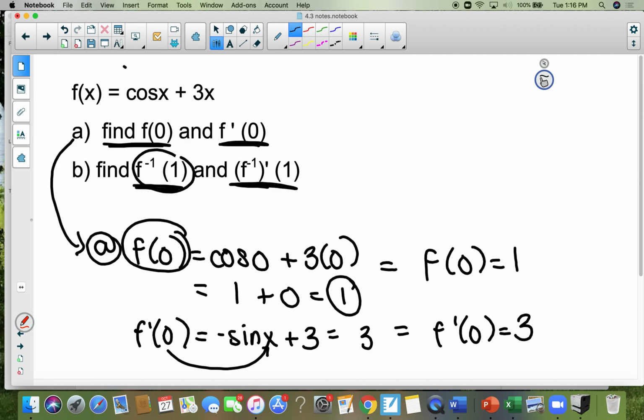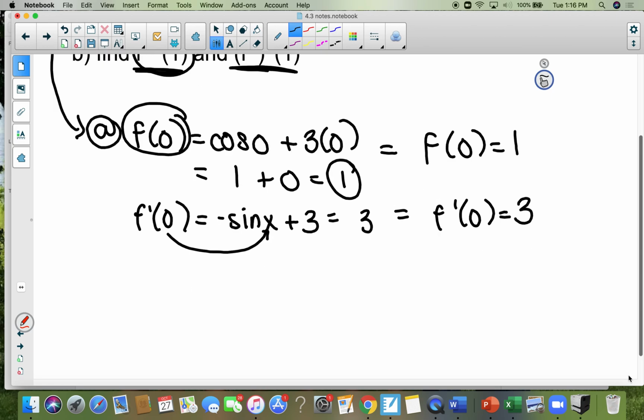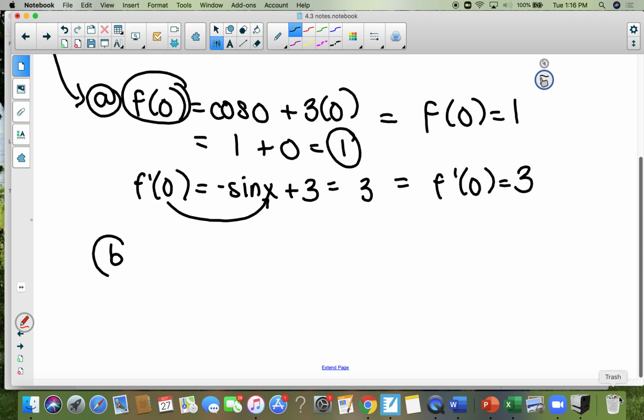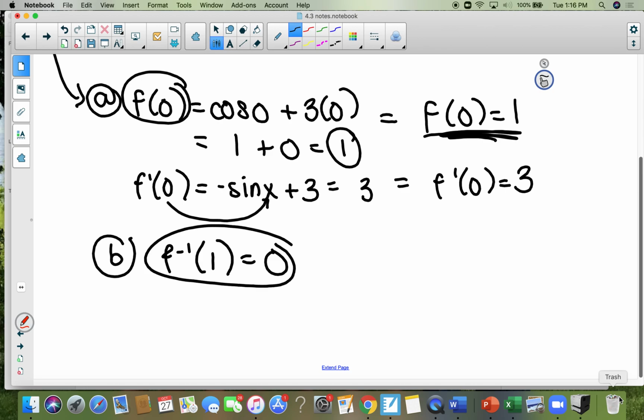What's the inverse of 1? So this is the B part. Well, if f of 0 equals 1, then f inverse of 1 must equal 0 because we interchanged the x's and the y's.